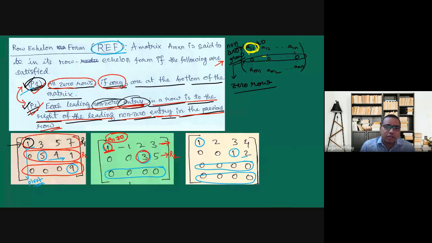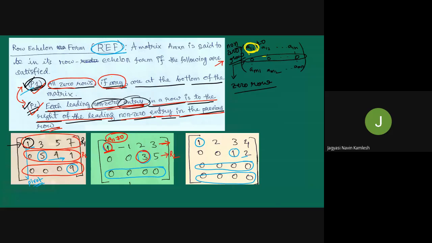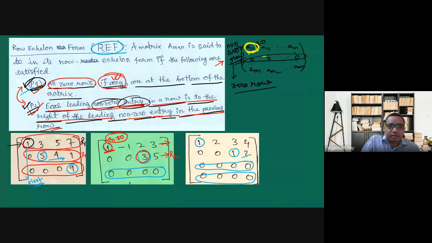All three are row echelon form, but they do not have any 0 row. So you don't have to bother about it. If exist, remember, if any. Note that the language is very important.